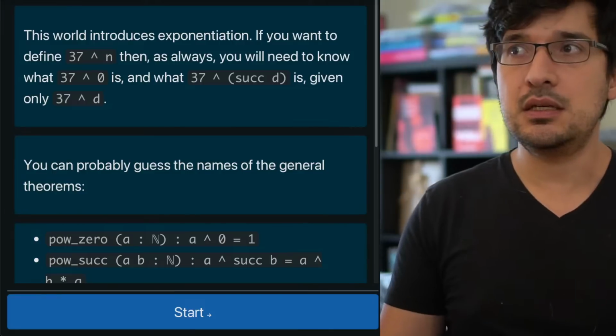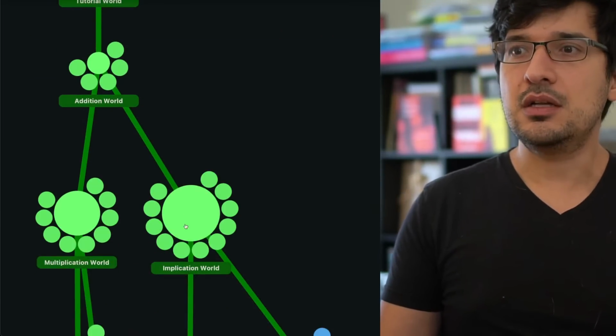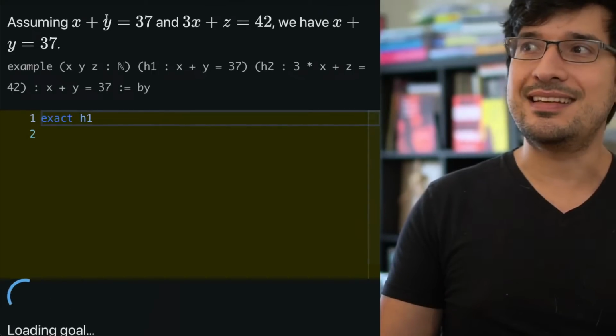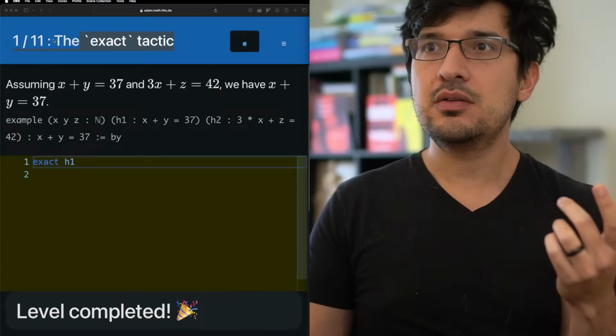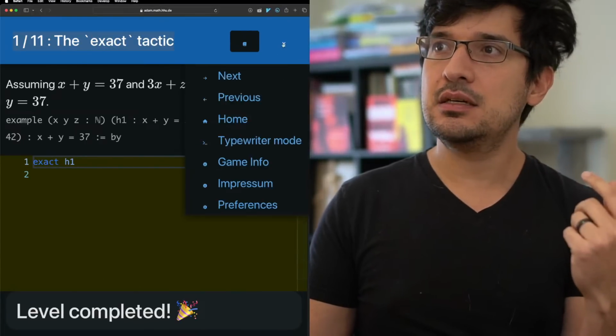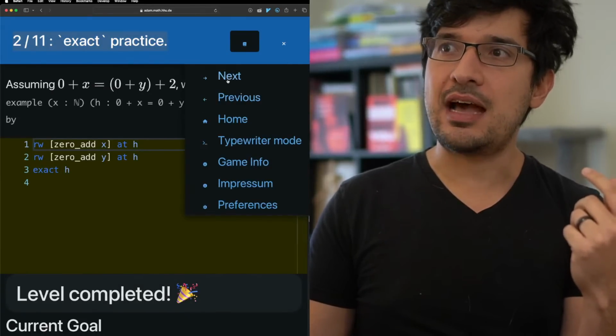We did implication world. I guess I'll just show you the titles of everything. So in implication world, we learned the exact tactic. Then we practiced exact.